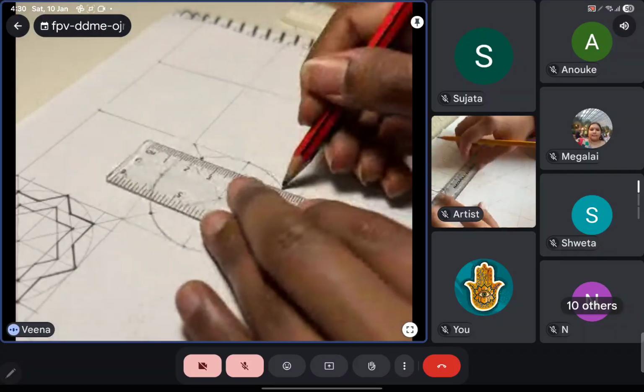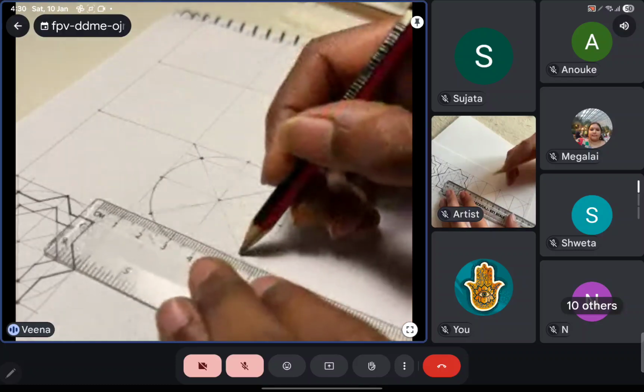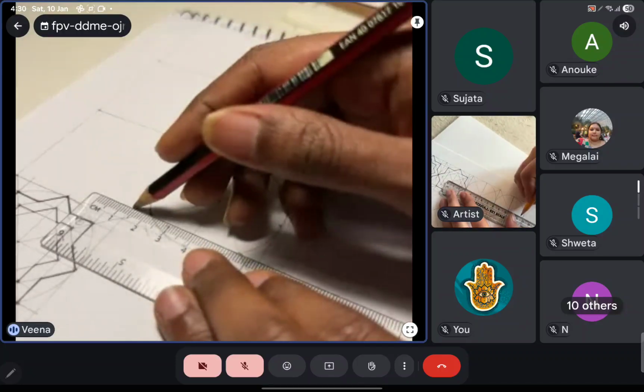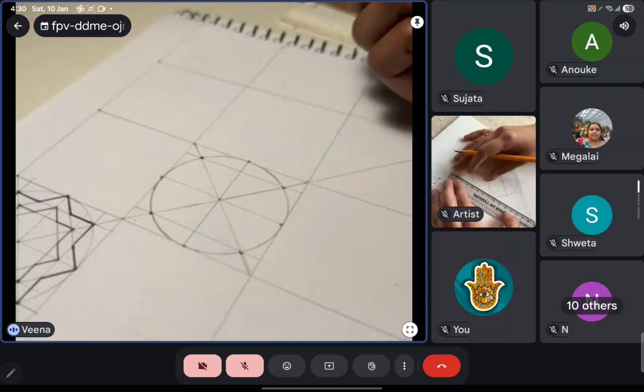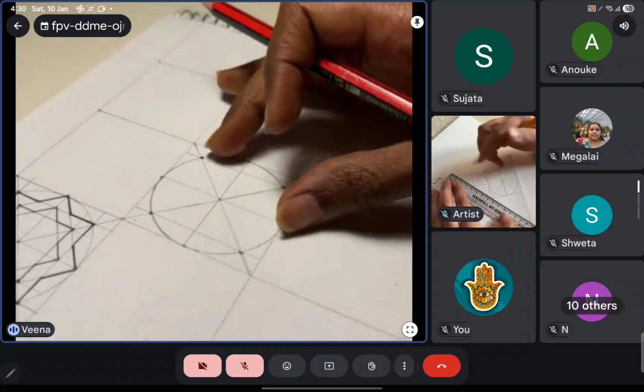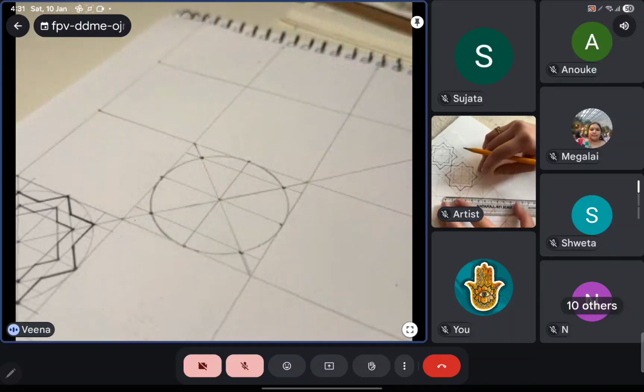And then join that. So even though it may seem a little like, okay, what's happening right now? Why are we doing a lot of lines, lot of circles? When you do it box by box, it'll start making sense and you'll eventually get a habit of it.